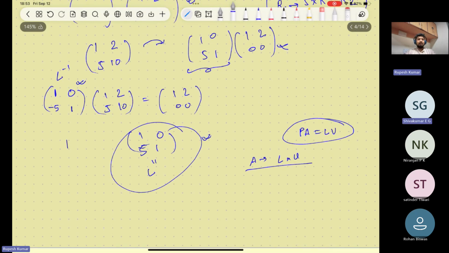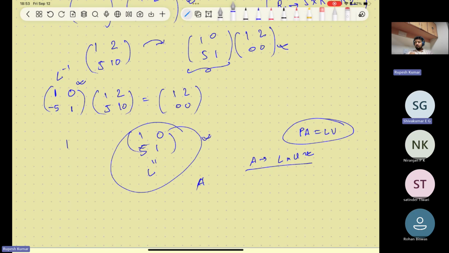It's only basically a naming convention, like what is the definition of upper triangular and lower triangular, right? So for that case, you can write this LU for this matrix. Now, U will be singular if A is singular, right?